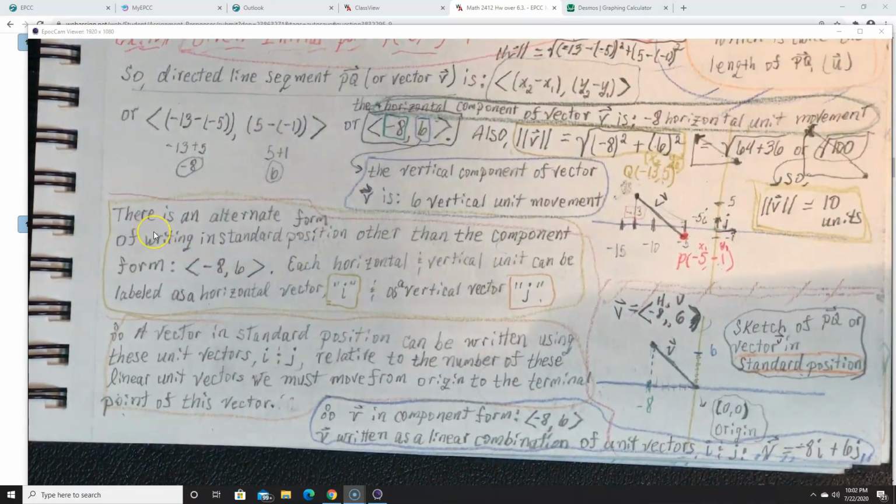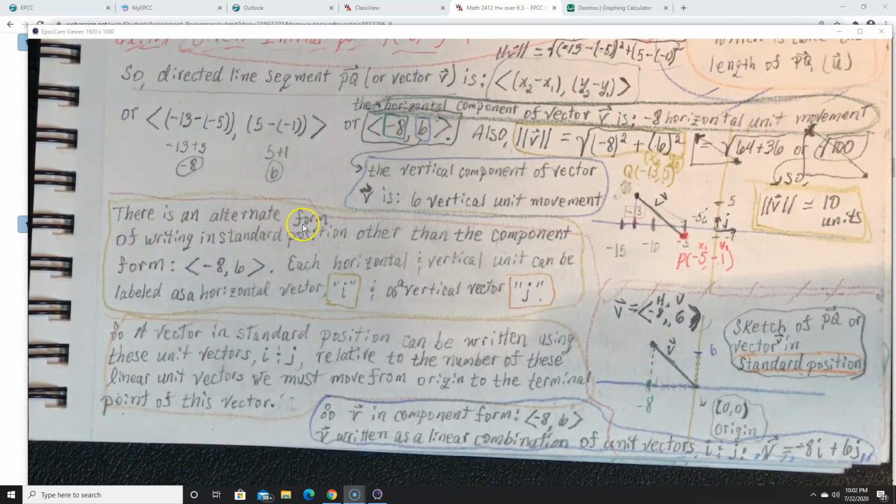And that's what I'm saying here. There's an alternate form of writing a vector in standard position other than the component form, -8, 6. Each horizontal unit can be labeled as a horizontal vector i. Each vertical unit can be labeled as a vertical vector j.